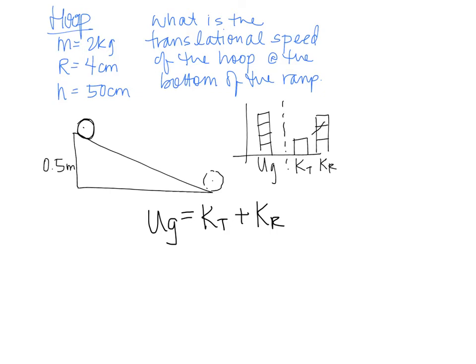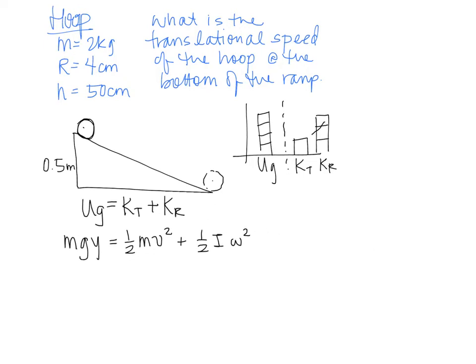So that means that mgy is equal to 1/2 mv squared plus 1/2 I omega squared. So this is where knowing the moment of inertia is important. You don't have to memorize them, but having them kind of in your brain is nice. All right, so let's do some substitution here.